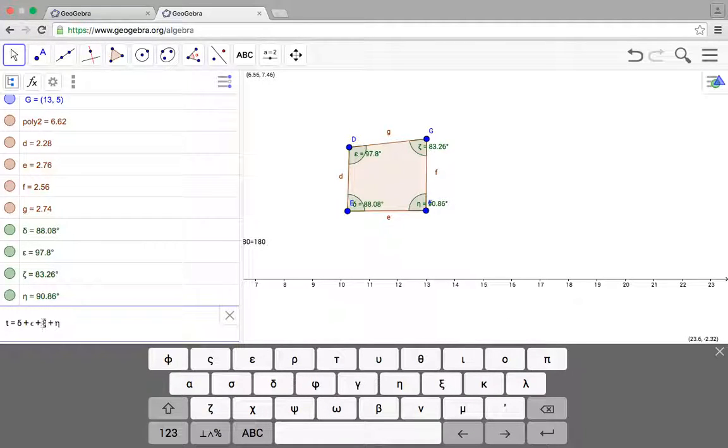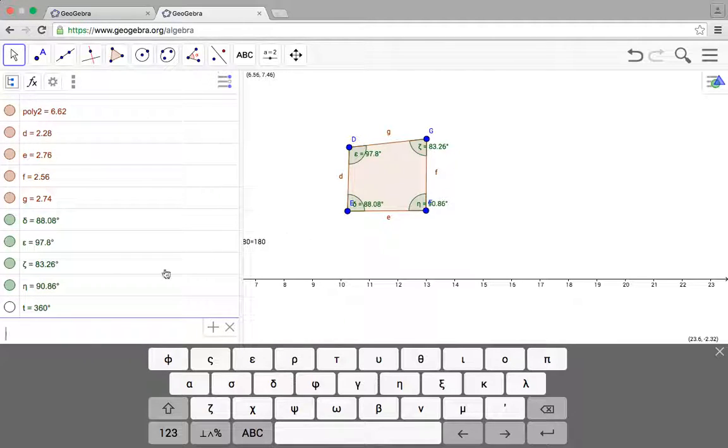Oh, that's not psi. That is, there we go. Okay, so this is how I define T now. So it's going to be this angle plus that angle plus that angle plus that angle. So I want to see what's the sum of the interior angles of a four-gon, and you can see that it will be 360 degrees.